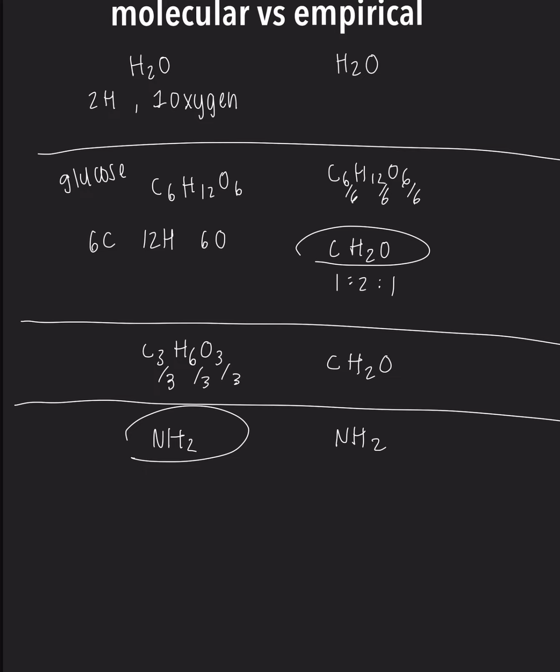So again, with the example of glucose, if you divide everything by 6, the lowest ratio would be CH2O. And yes, the molecular and the empirical formula can be the same. In the case of H2O and NH2, they are the exact same because you can't reduce them anymore. And again, the empirical is giving you the ratio, while the molecular tells you what it actually is.